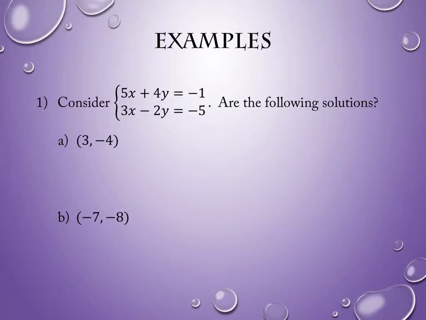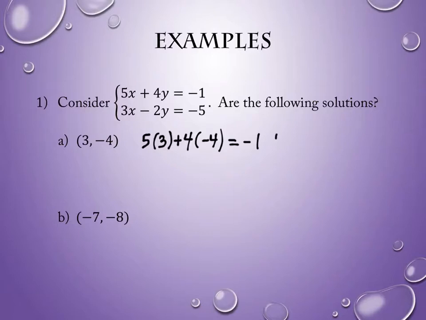So we'd actually have to test both equations to see, does this ordered pair, this x and y, make the equation true? If we test it on the first one, we have 5 times 3 plus 4 times negative 4. Is that going to equal negative 1?